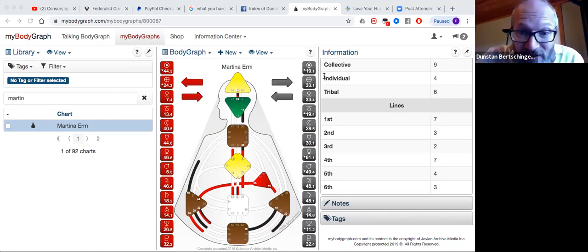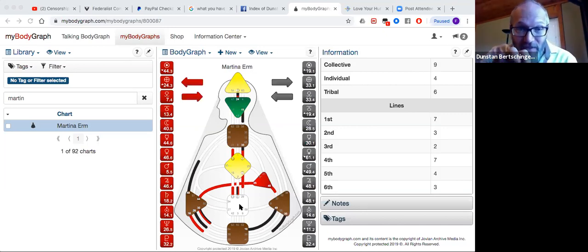Now, as far as bridge gates, the will center, the red triangle, and the brown triangle on the right, you've got the gate 40. So 37 is another one of your bridge gates. So that would then form that complete channel on that right-hand side there. You also have all those bridge gates at the bottom left of your chart.